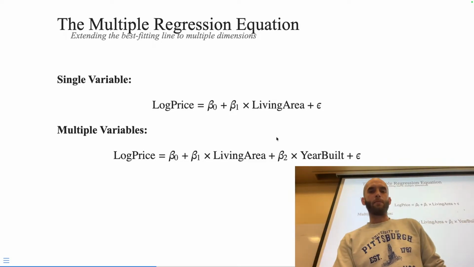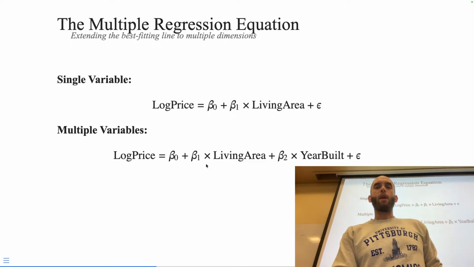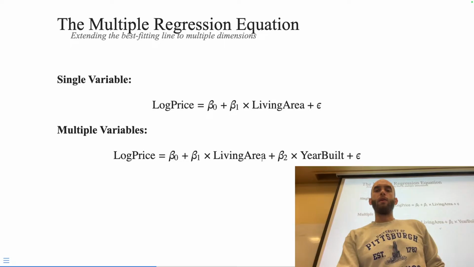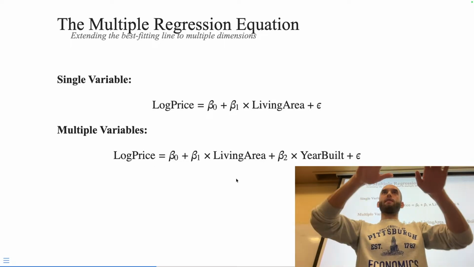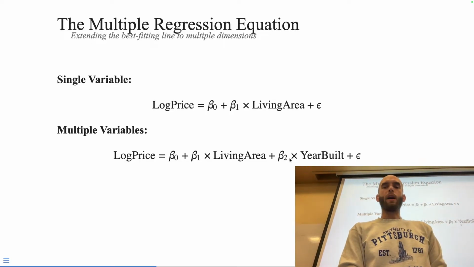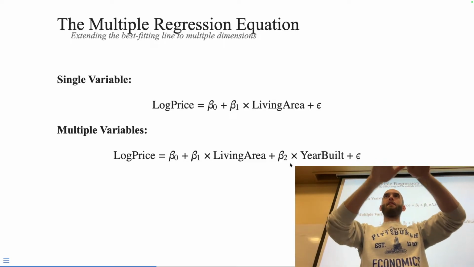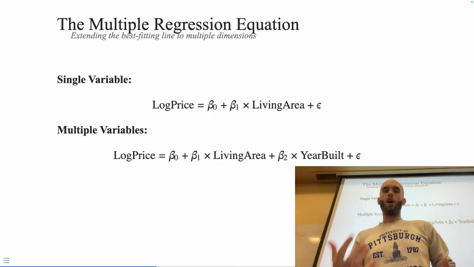We have our intercept term. So this is like how high the plane is. We have the slope on living area. So this is like how steep it is in that one direction. And then we also have the year built. So it's like the pivot in the other direction. So this is our 3 dimensions.